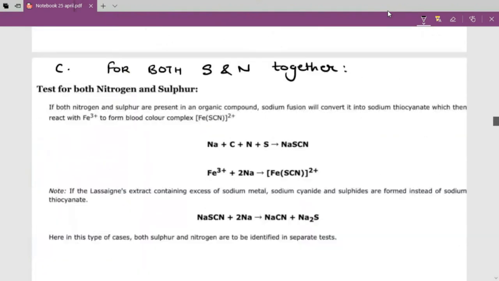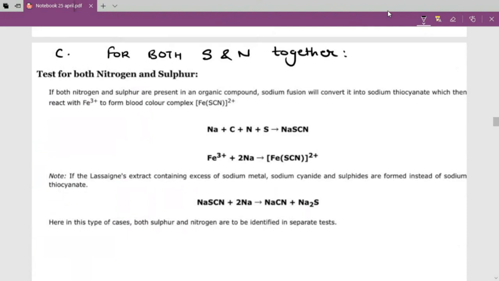If both sulfur and nitrogen are present together, then sodium, carbon, nitrogen and sulfur, all three together form NaSCN. Okay, NaSCN. When this NaSCN is treated with some Fe3+ ions, then we get the complex cation [FeSCN]2+.